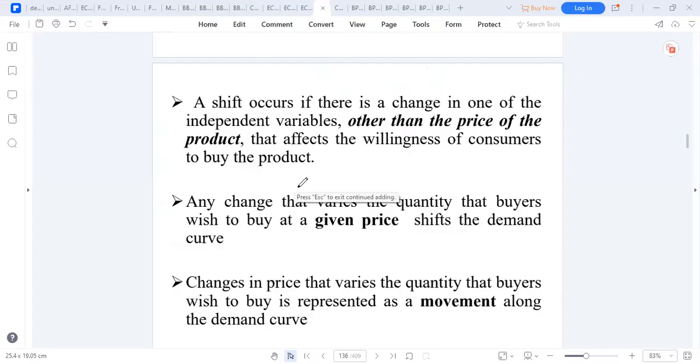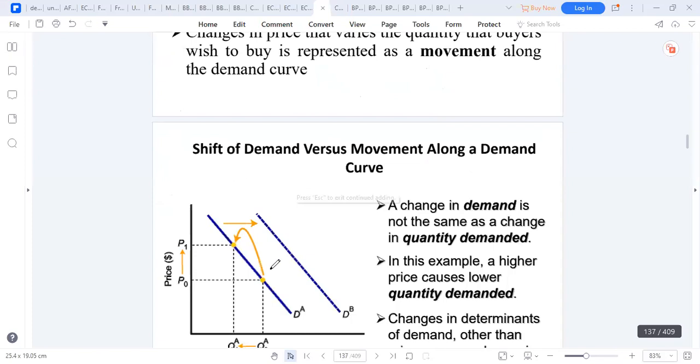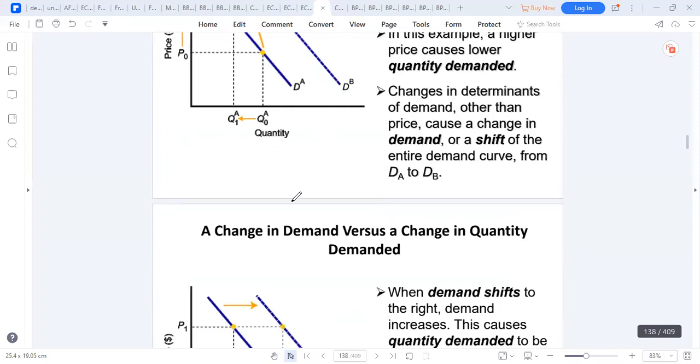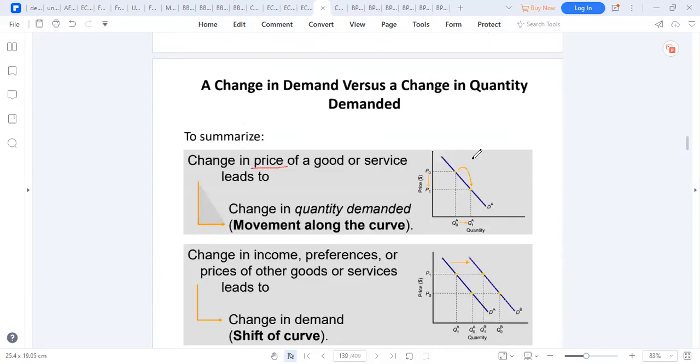All right. So the shift looks like this. Any change in demand which is not attributed to the price will be attributed to a shift. The shift can be outwards or inwards. But a movement along the curve due to the price of the good will simply cause a change in the quantity demanded.